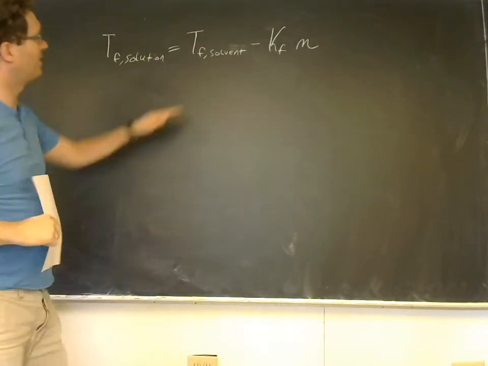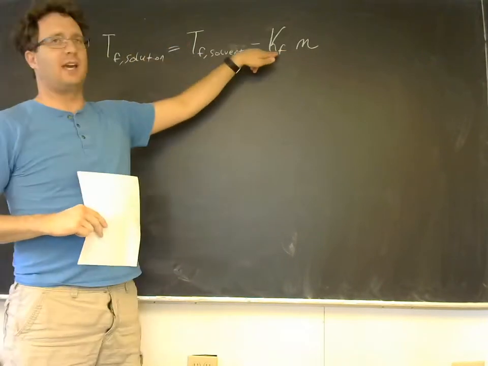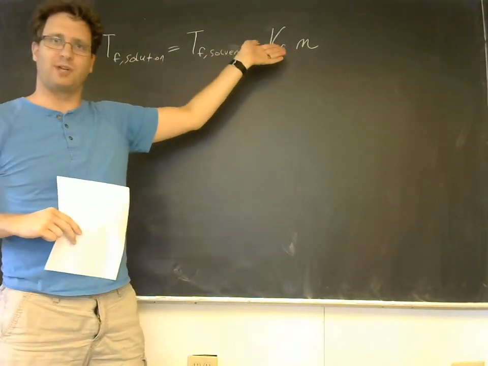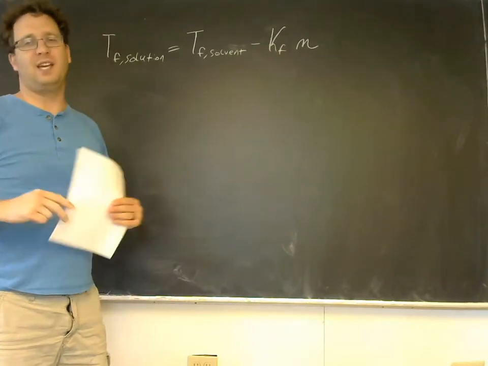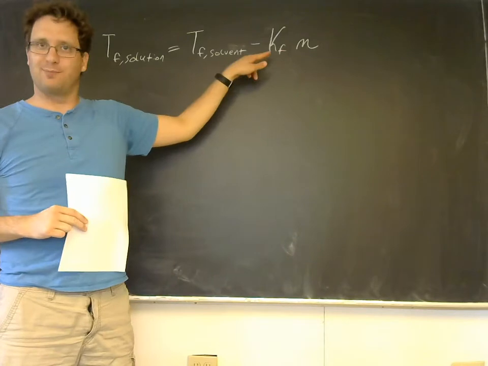So this is the pure freezing point, and this is a constant called the freezing point depression constant. And each solvent will have its own value for the freezing point depression constant.